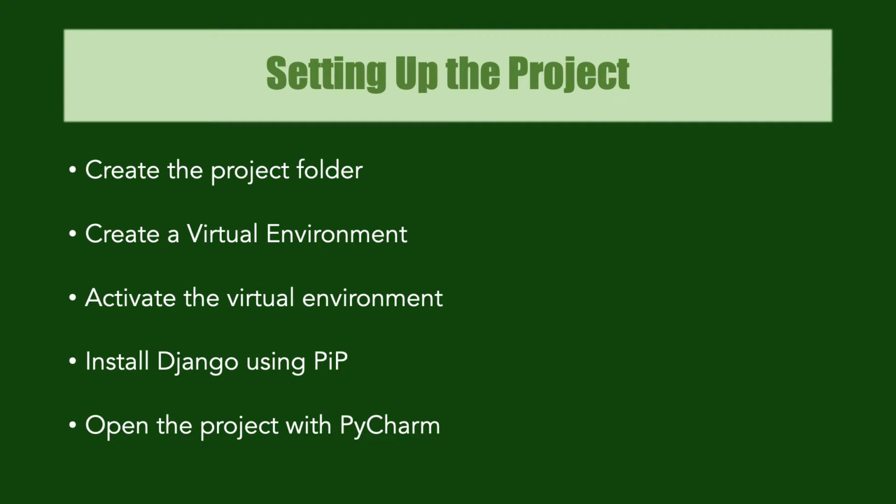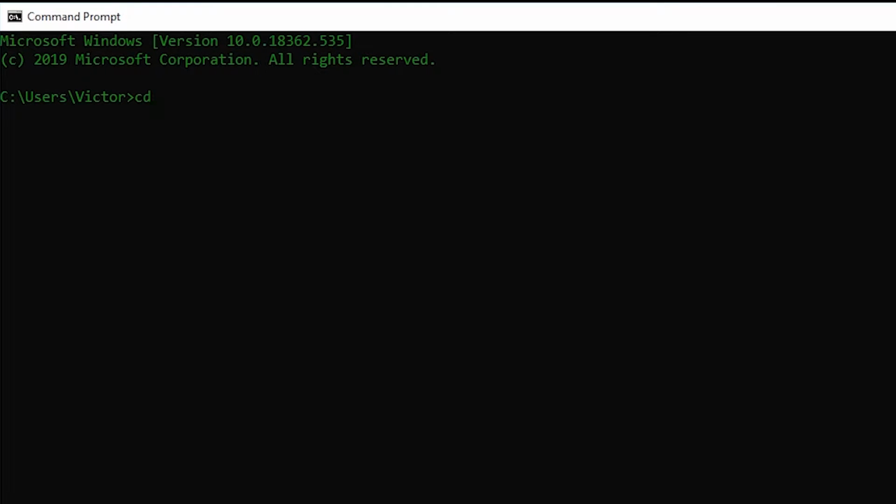In this section, we're going to create the project folder, create a virtual environment, activate the virtual environment, install Django using pip, and open the project using PyCharm. Open the command line or terminal and navigate to where you would like to create the project.